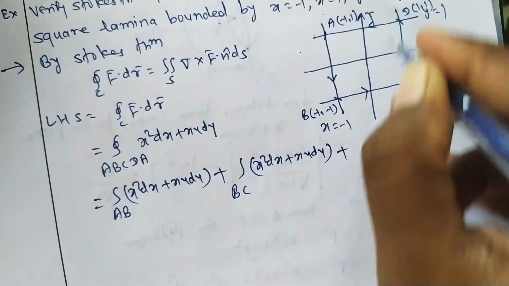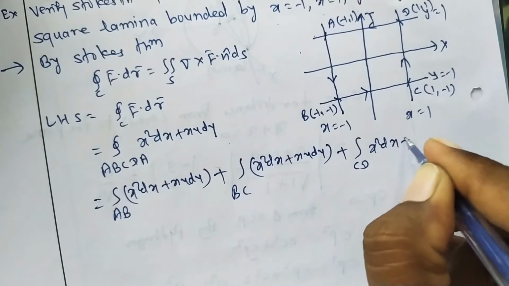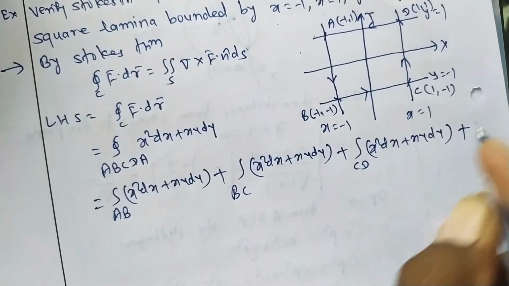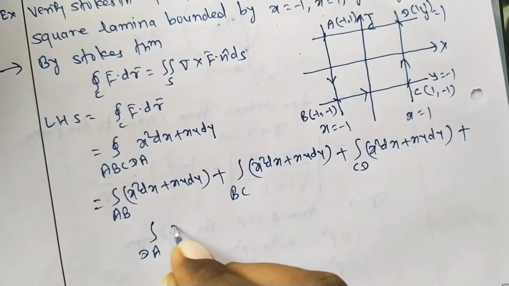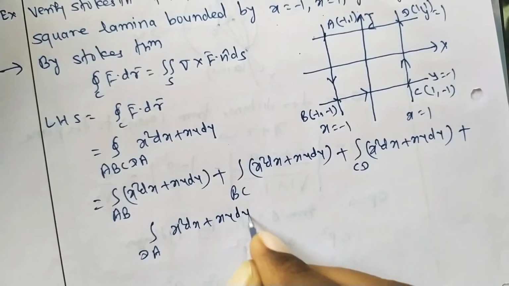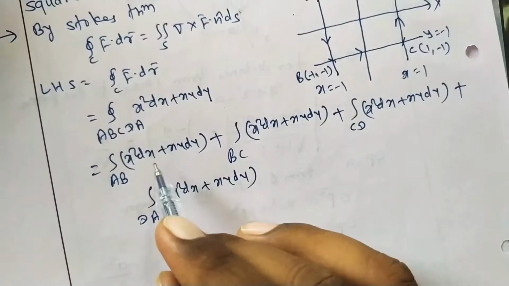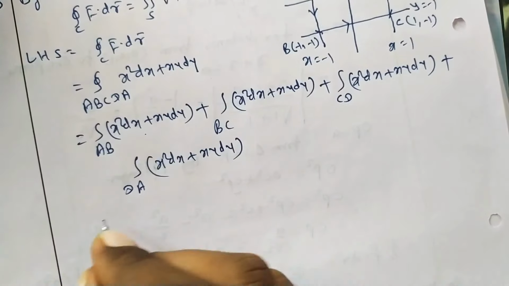Then the path along CD, that is also x square dx plus xy dy, and plus along path DA: x square dx plus xy dy. So we have to solve these 4 integrals, 1, 2, 3, 4. Now we will take the paths one by one.